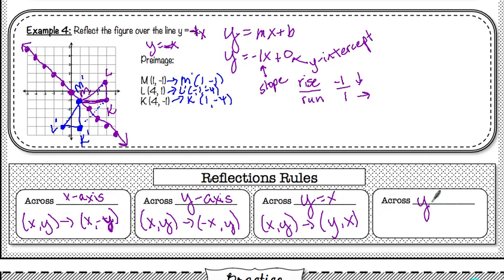If you reflect across y equals -x, there's a trick for that. I could have used this rule for example 4, but I decided not to. I wanted to show you a different way. The rule for this is switch the positions and change the signs of y and x, and you will get the same answer as you do when you count in this way.